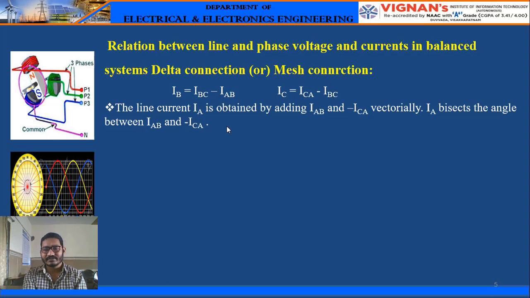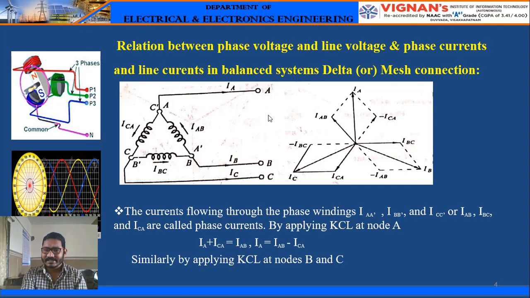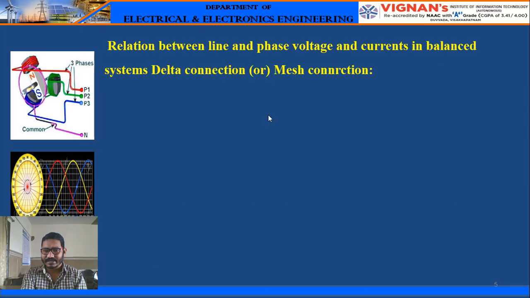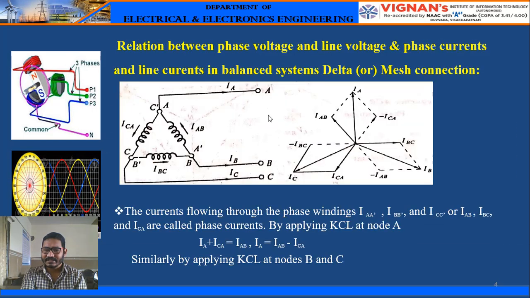How we derive that formula, we will see. Similarly, previously we did it for the star connected network, with voltages; here it is the currents. If you want to find the current IA, IA means IAB minus ICA, the phasor summation of IAB and minus ICA.